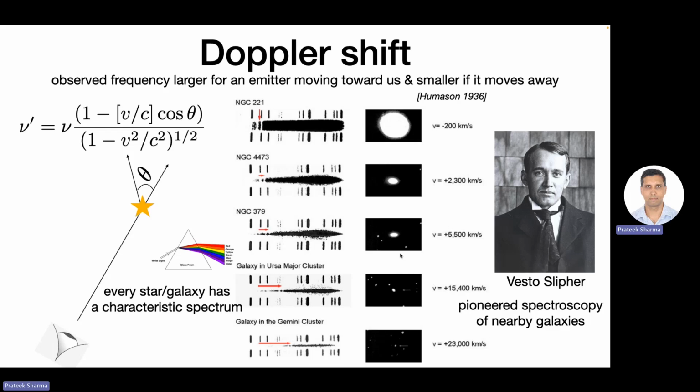Here, what I'm saying is, we just ignore this. We are not really using this for anything. We are just saying, oh, there is a galaxy here. Let me measure the spectrum of this. This is how the spectrum looks. This is how much I have to shift in order to put it on top of the reference spectrum. So that gives me v by c, the recession velocity. That's it.